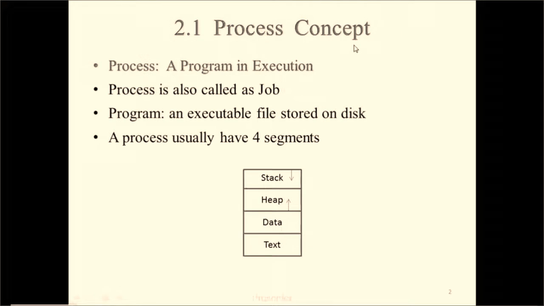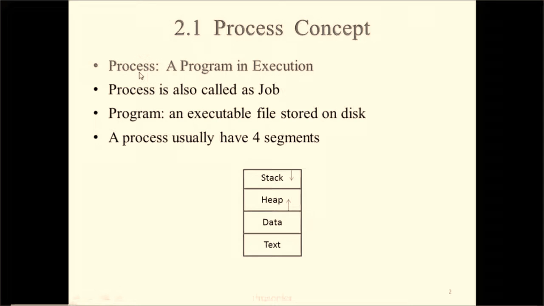Now, how is a process defined? A process is simply a program in execution. Remember that we store programs on the hard disk. Some of them we might create shortcuts for on the desktop, and we double click a shortcut.